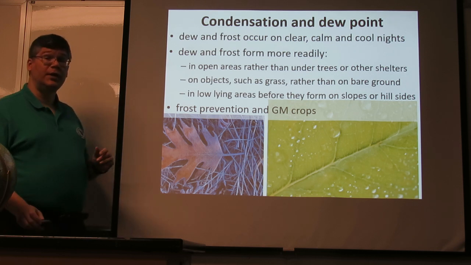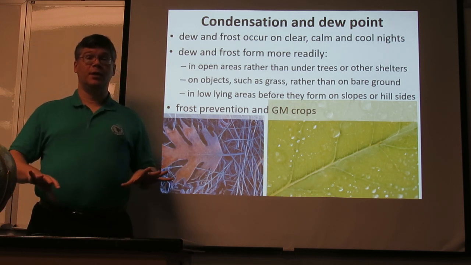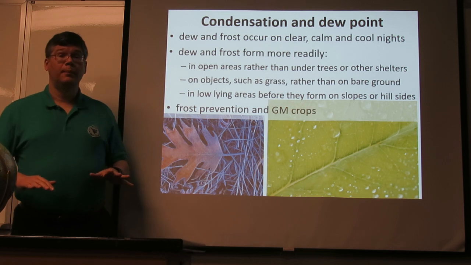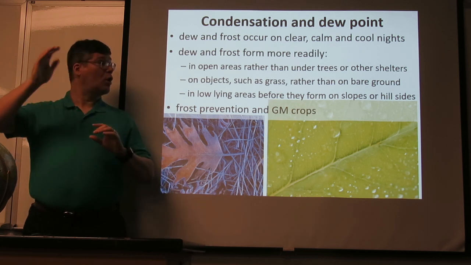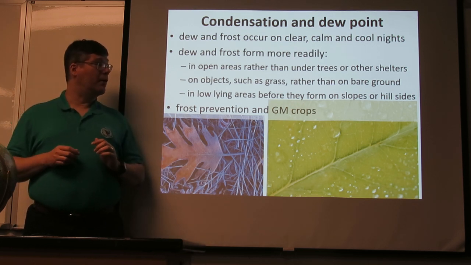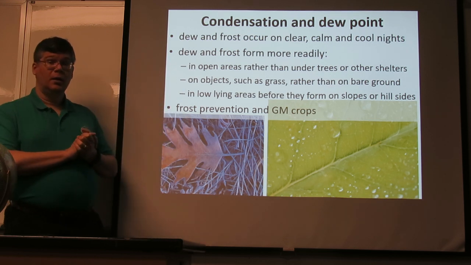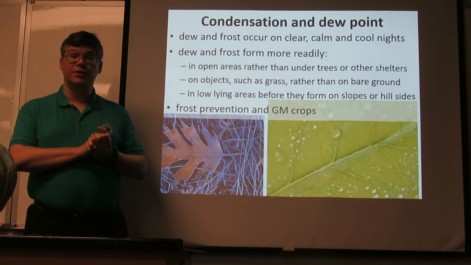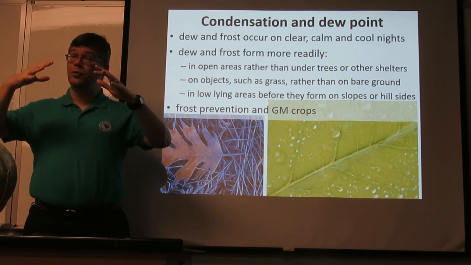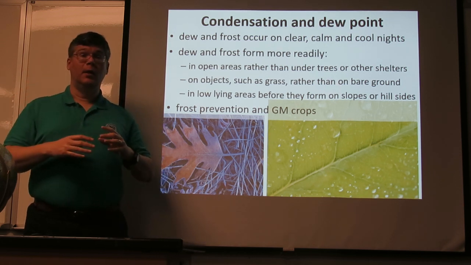Also, dew and frost tend to form down in low areas before they form on slopes or on the top of a hill. And this is because as air cools, it gets denser and will tend to sink down.